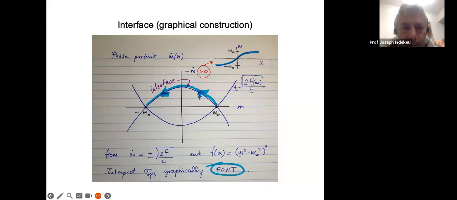If we look at this picture, we can see that we are integrating this trajectory. And so we're concerned with the area under this curve. The area under this curve will be a measure of the interfacial tension between phases alpha and beta, respectively m0 and minus m0.